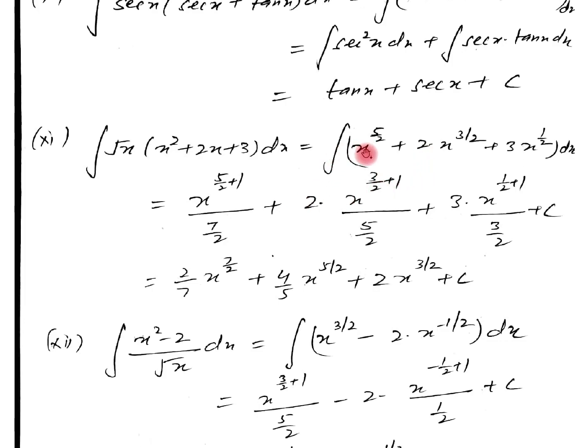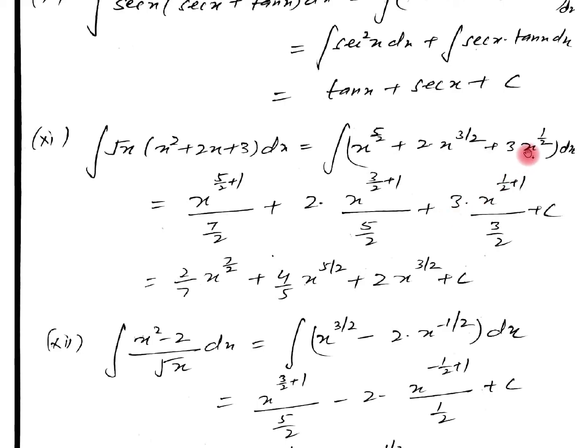Now the integral of first, x raised to power 5 by 2. The integral of this is x raised to power 5 by 2 plus 1 upon 7 by 2, plus 2 as it is. The integral of x raised to power 3 by 2 is x raised to power 3 by 2 plus 1 upon 5 by 2, plus 3 as it is.